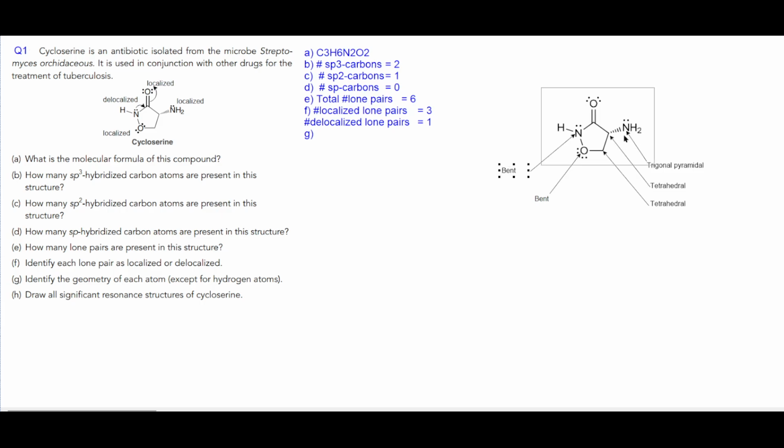Remember, if the nitrogen lone pair is not in conjugation, then it has a trigonal pyramidal geometry. But this nitrogen lone pair is in conjugation via resonance, so that's why this nitrogen will have a trigonal planar geometry.